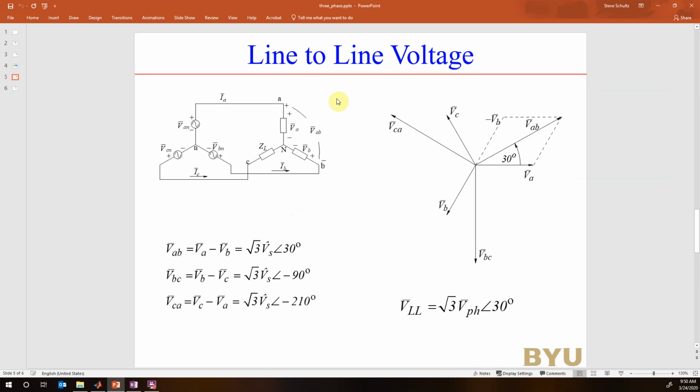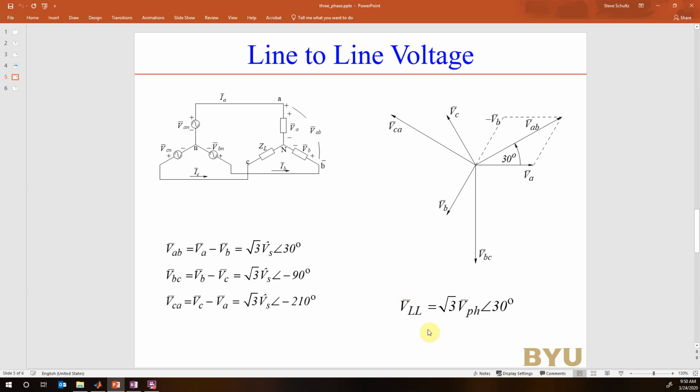So if I look at measuring the line-to-line voltage, I'm measuring from VA all the way down here to VB. So VAB is going to be VA minus VB. If we go through some algebra, we see that that's going to be the square root of 3 times larger than the line-to-neutral voltage.